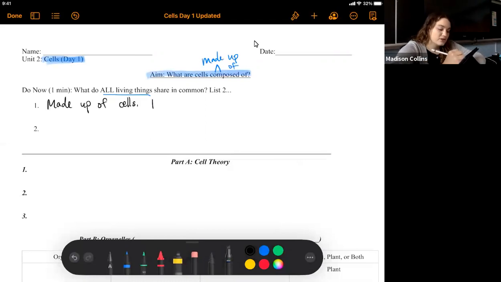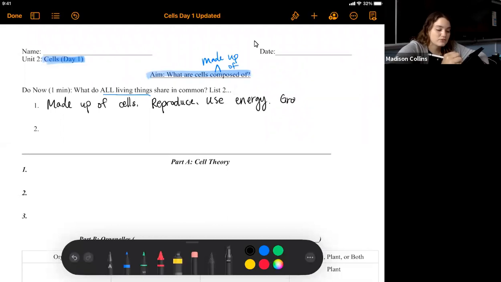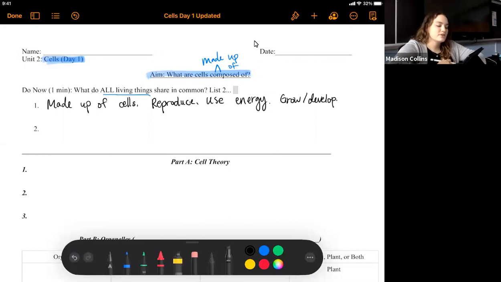You may have said that all living things reproduce. You may have said that all living things use energy. And you may have said that all living things grow and develop. You may have said that all living things maintain homeostasis.